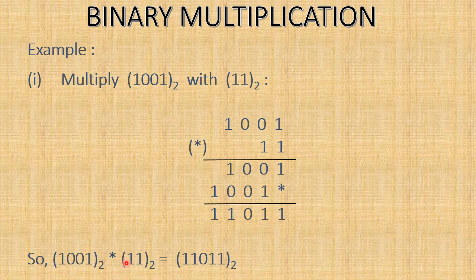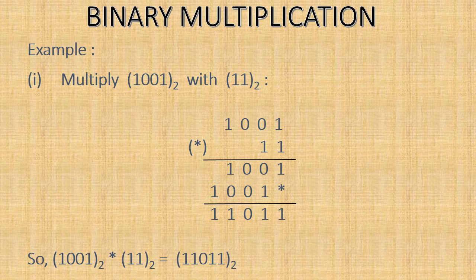While multiplying two binary digits, please keep in mind the binary rules. Now the other digit we will multiply with the first number. So 1 into 1 is 1, 1 into 0 is 0, 1 into 0 is 0, and 1 into 1 is 1. Now these two numbers which we got after multiplication, we will add. So here 1 will come, 0 plus 1 is 1, 0 plus 0 is 0, 1 plus 0 is 1, and 1.